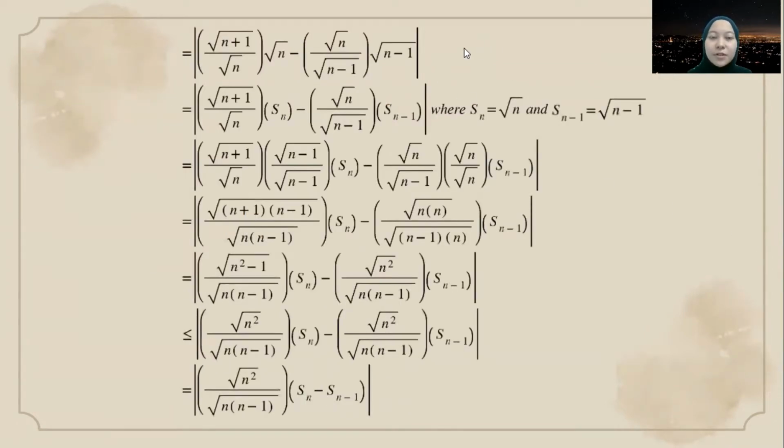This line is from the previous slide. So then we let S_n equal root n and S_{n-1} equal root n minus 1. And then we repeat the same process until we get in modulus root n squared over root n times n minus 1 times S_n minus S_{n-1}.